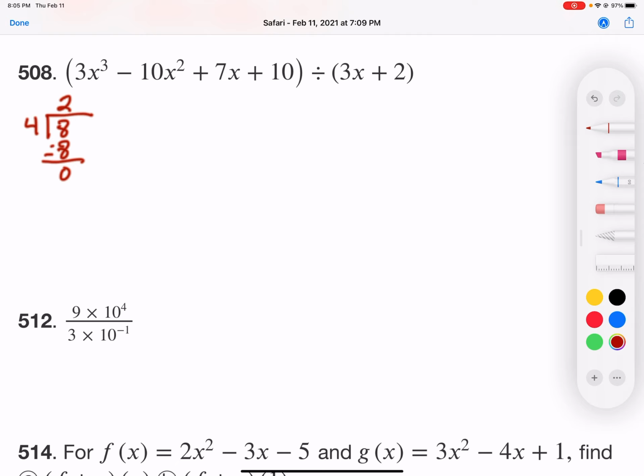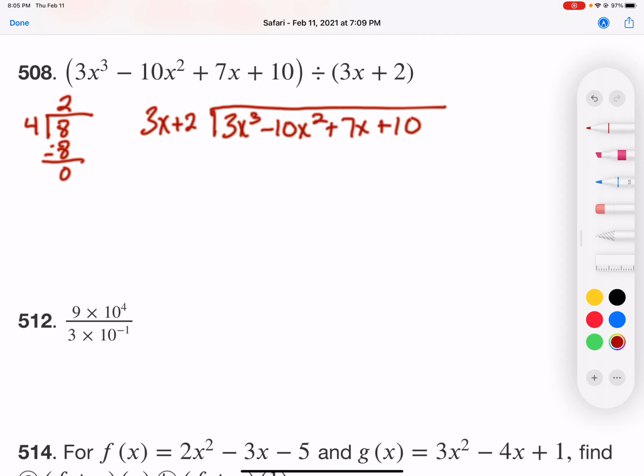We've got our 3x plus 2, and we're going to divide 3x cubed minus 10x squared plus 7x plus 10. So we want to look at this first part of the expression and think about what we need to multiply 3x by to get 3x cubed.